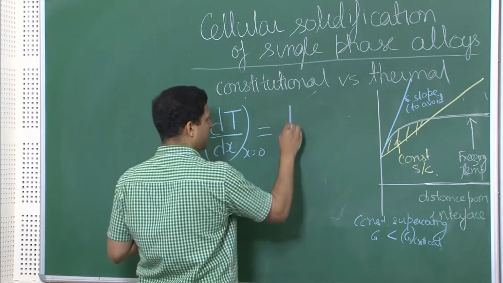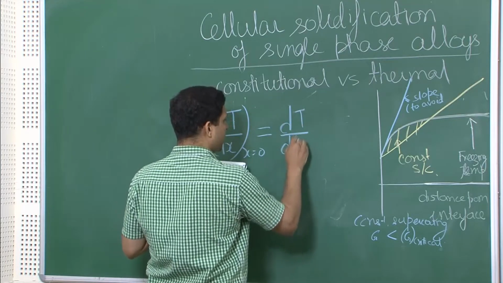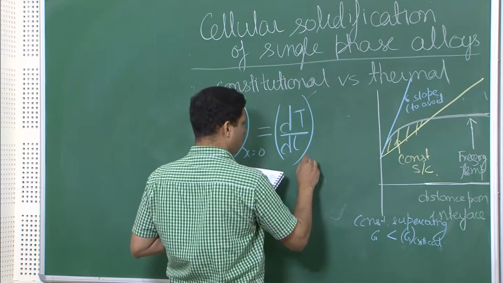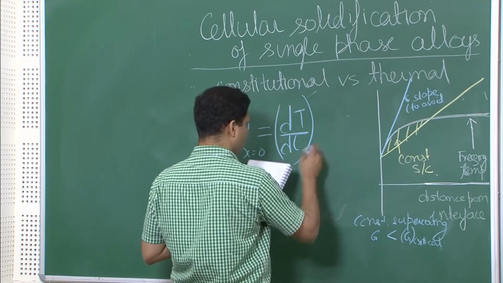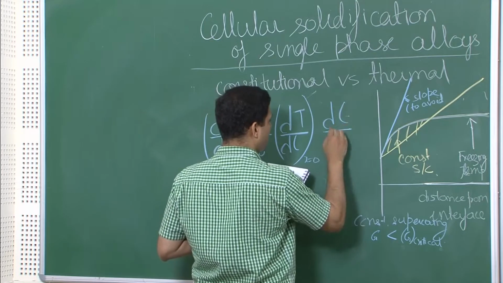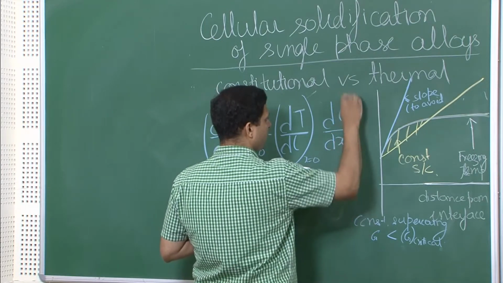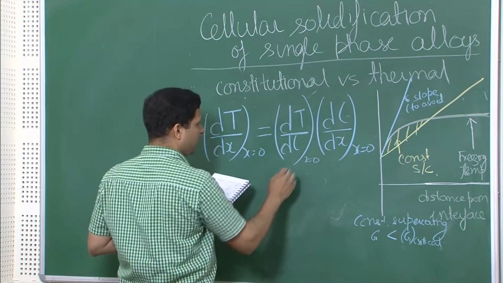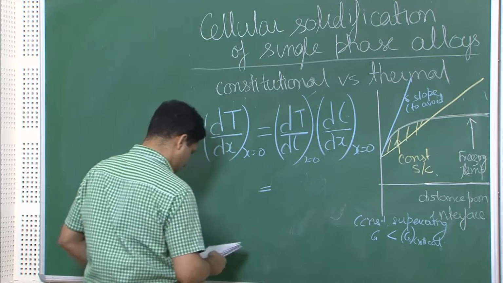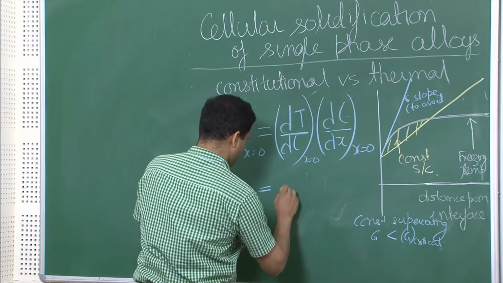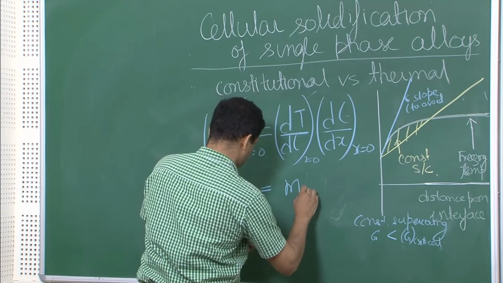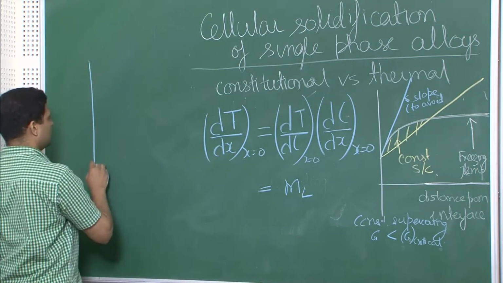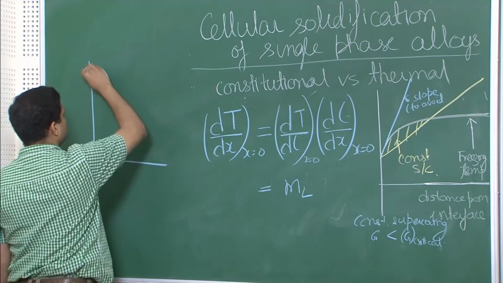but this dT by dx can also be written as dT by dC at x equal to 0 times dC by dx at x equal to 0. Now this dT by dC is nothing but ml, which comes from your phase diagram.